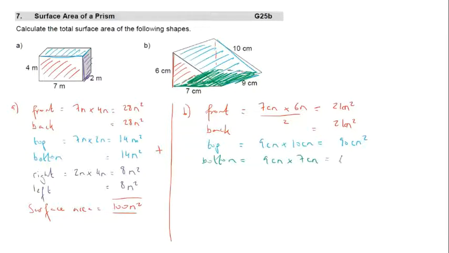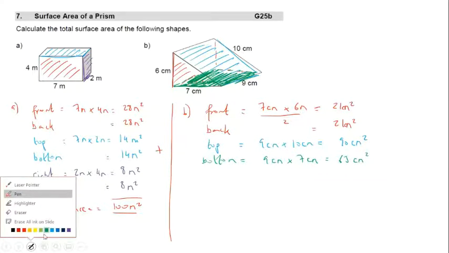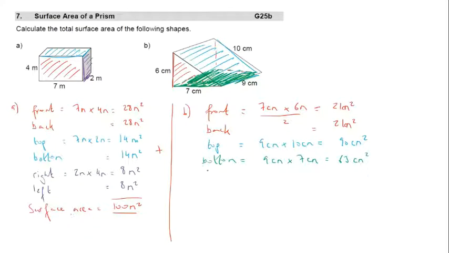And 9 times 7 is 63 cm squared. And all that's left then, if you pardon the awful pun, is the left-hand side. So here's the left. If I go over the left in purple, see, here is the left-hand side here. If I try and shade it all in.